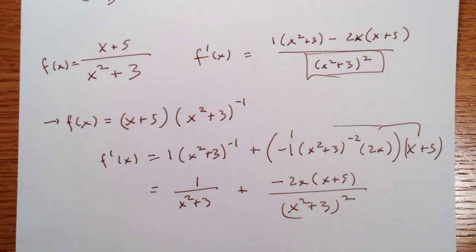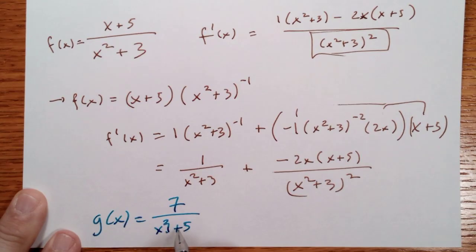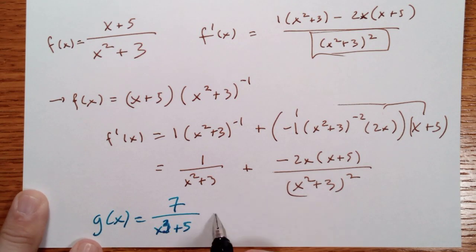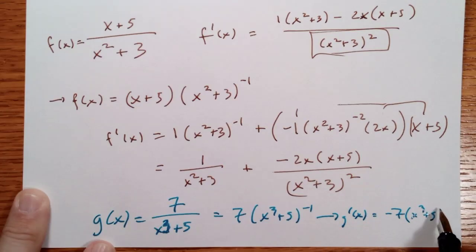I find this particularly useful when the top of my fraction is a number. 7 over x cubed plus 5. If I instead write that as 7 times x cubed plus 5 to the -1, then the derivative is -7 times x cubed plus 5 to the -2. But wait, there's more. A 3x squared.